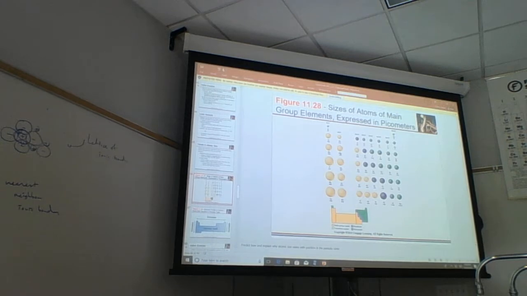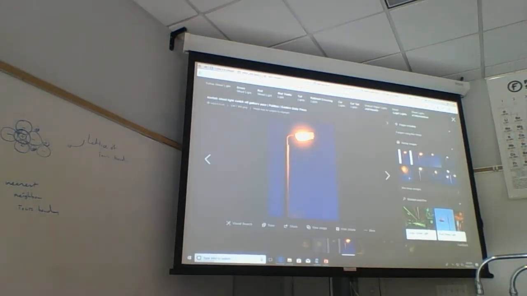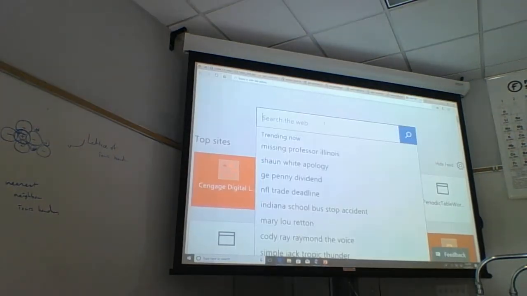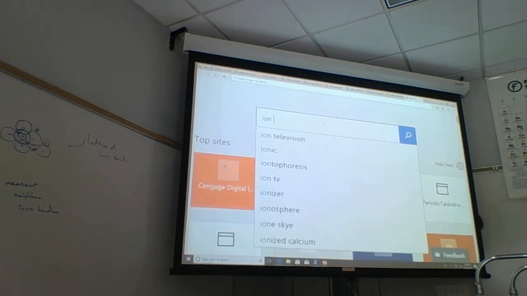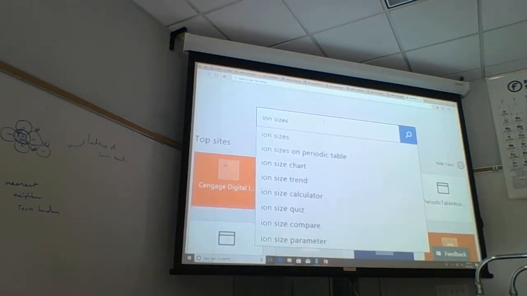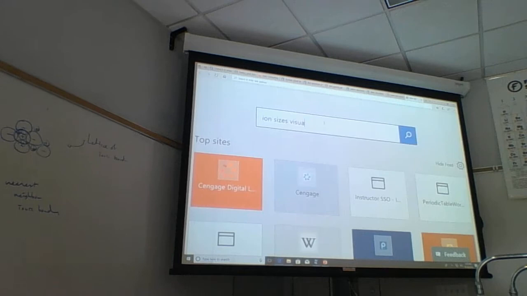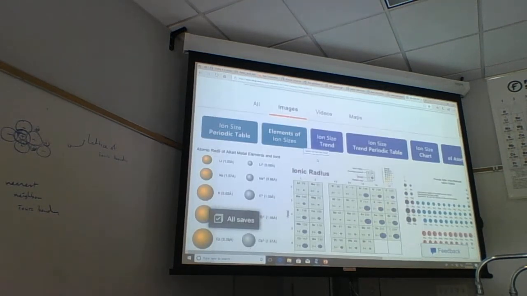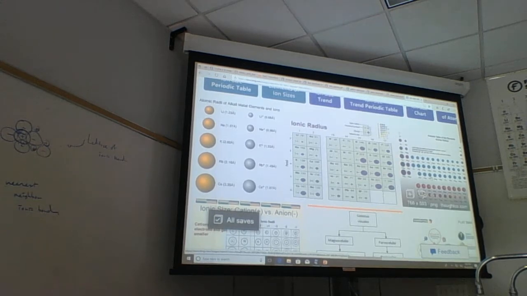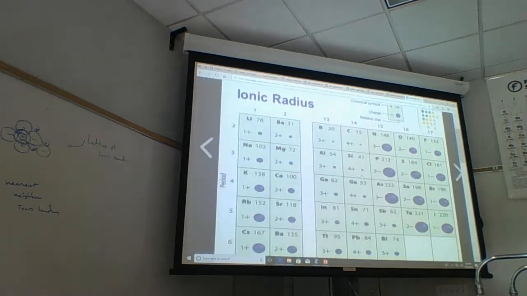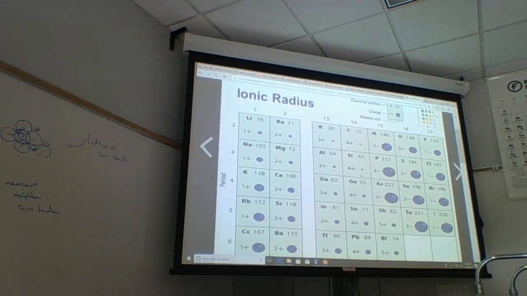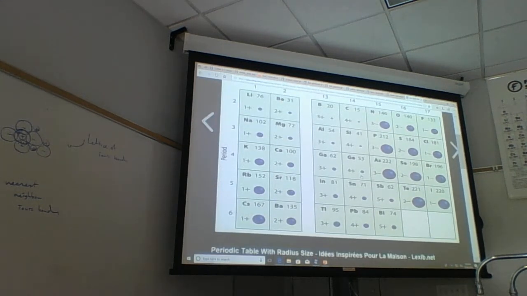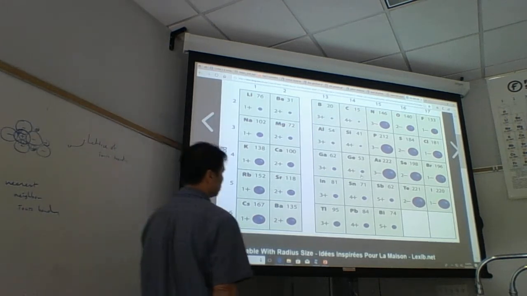And so fortunately, there are charts that'll show you. So this would be the chart for the ions, but you don't have to worry about this.